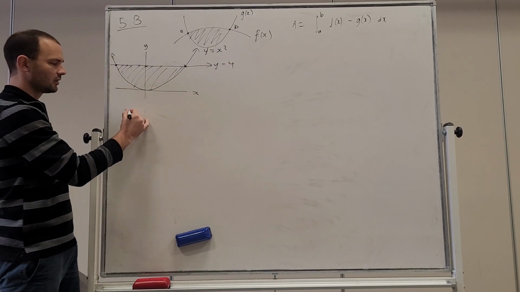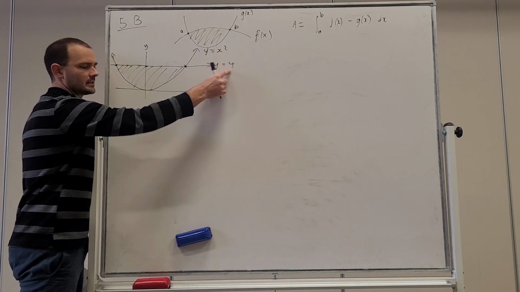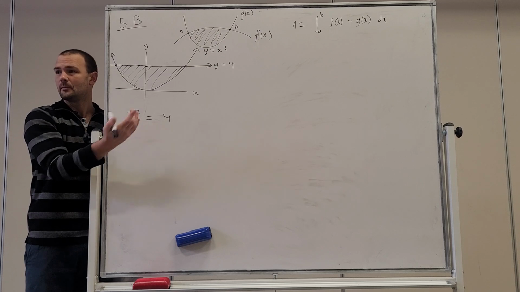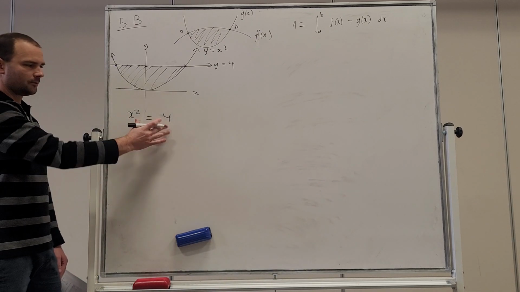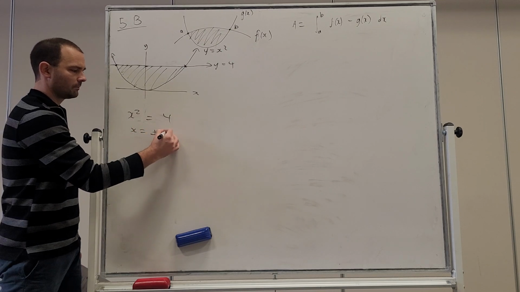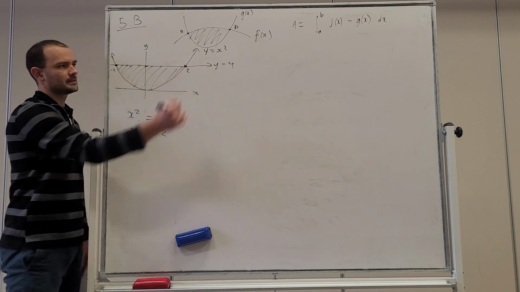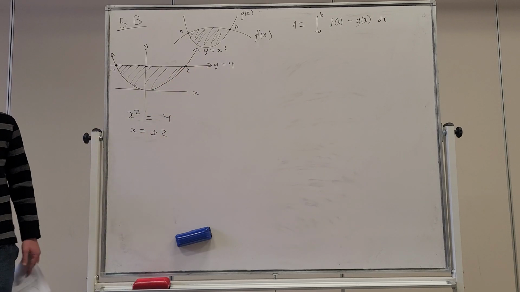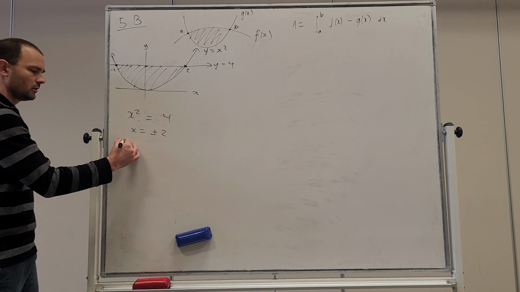Functions intersect when they are equal. Okay, so here's the first function, here's the second function, we make them equal, and then we just solve through. What are the x values that make them meet? Perform the square root of both sides, we'll have plus or minus 2. So here we've got x is minus 2, here we've got x is positive 2. So that means for this first question, we're doing the integral from minus 2 to positive 2.